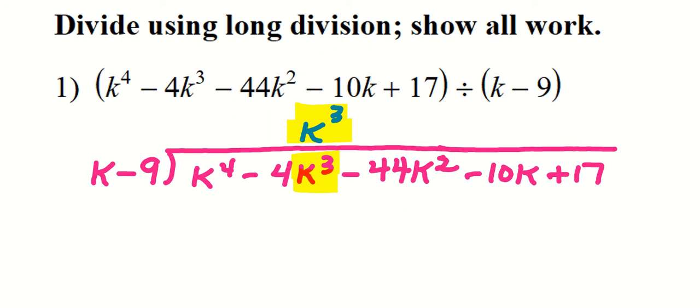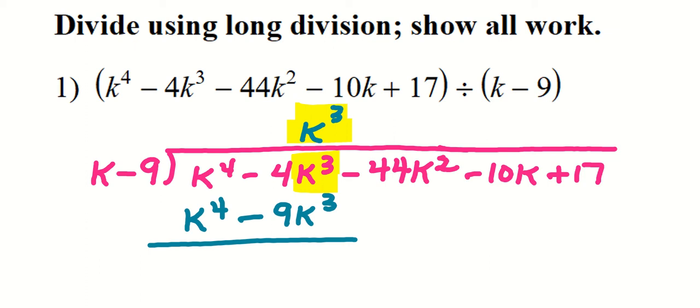So now we're going to multiply k to the third with that k minus 9, so that's going to give me k to the fourth, which I want to cancel, minus 9k cubed. I'm going to change those signs because as we learned when we were younger, we always subtract that term, leaving me with no k to the fourths and a positive 5k to the third.